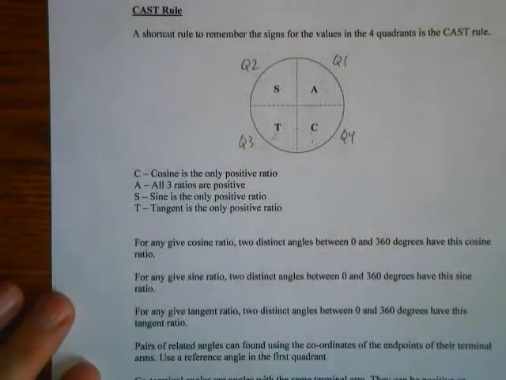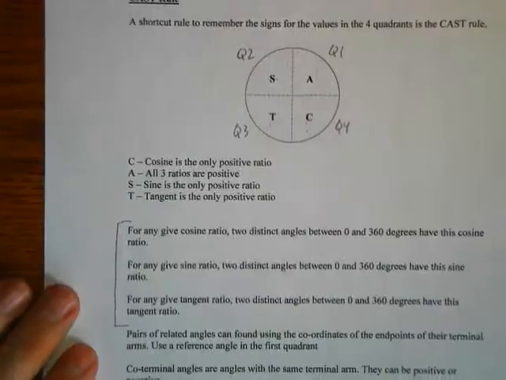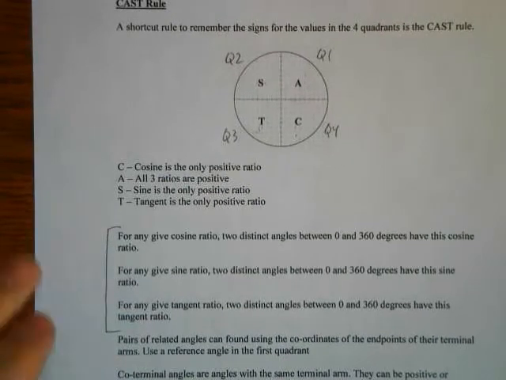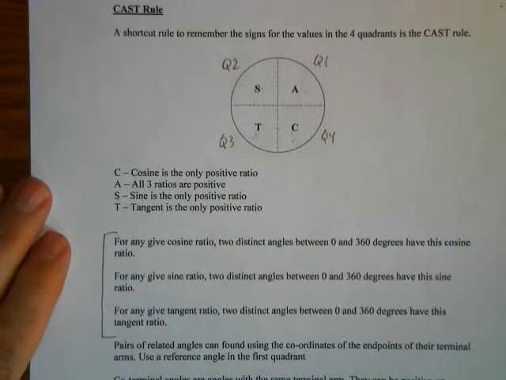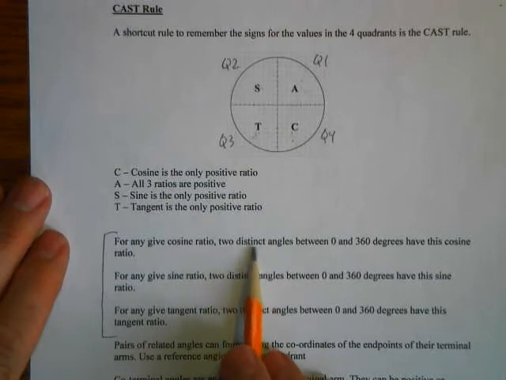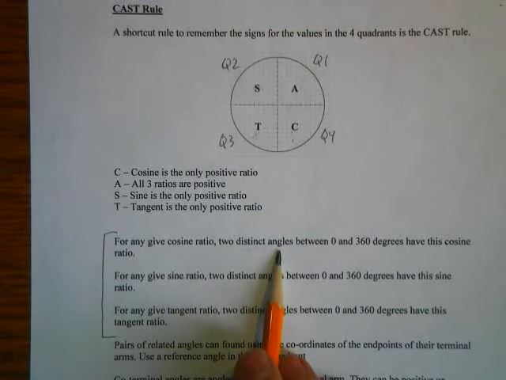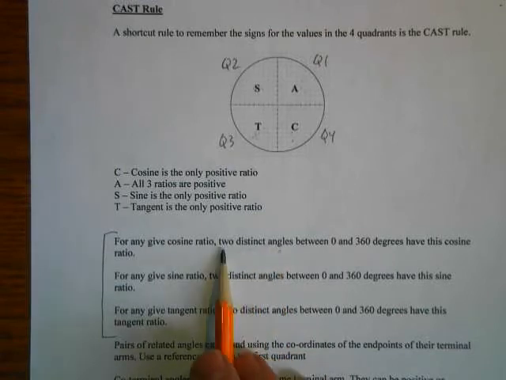Couple more things here. For any given cosine ratio, for example, if I have a cosine ratio of root 3 over 2, there will be exactly two distinct angles that have that cosine ratio. So if I go back to my chart, I'm looking for a cosine ratio of root 3 over 2.